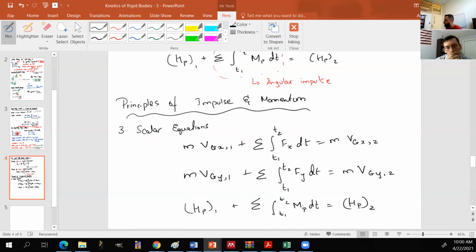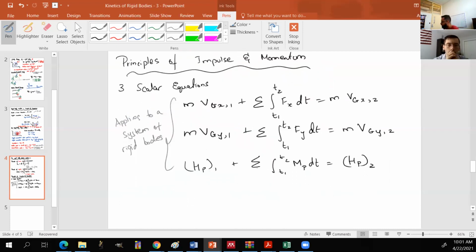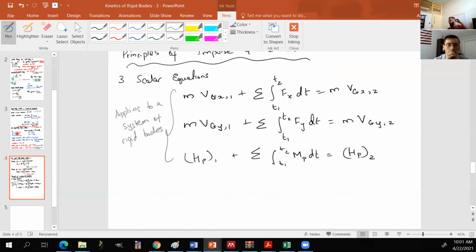This is true for a single body, or it also applies to a system of rigid bodies, similarly as we'd seen with a system of particles. Now, with rigid body motion, some cool stuff starts happening.